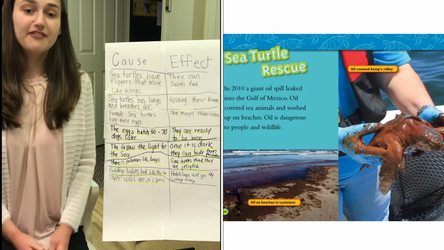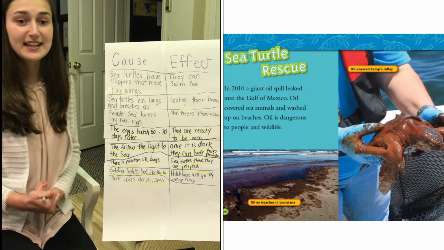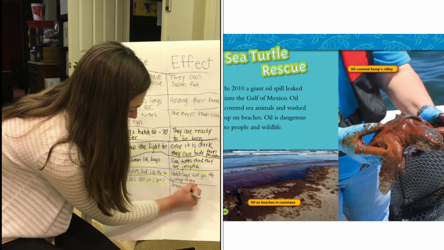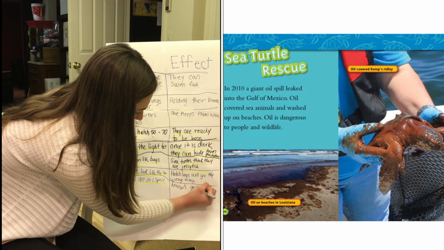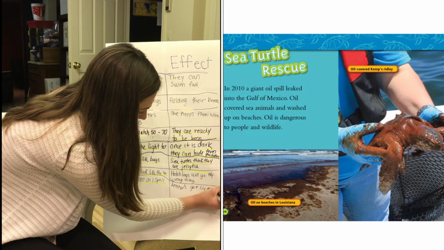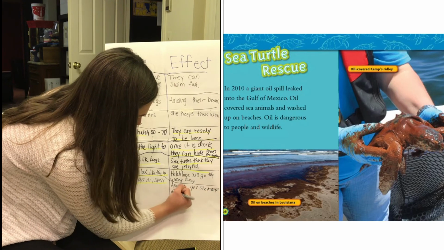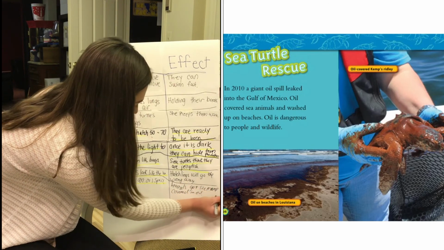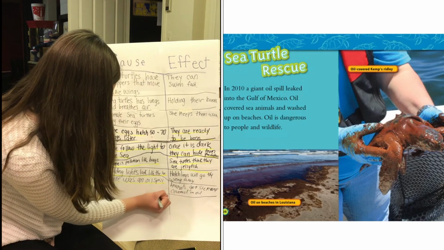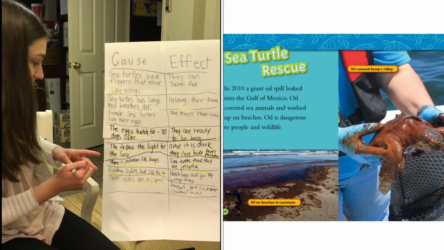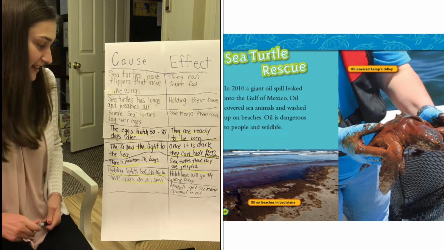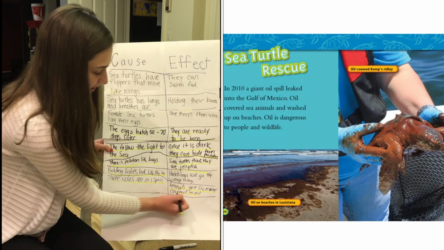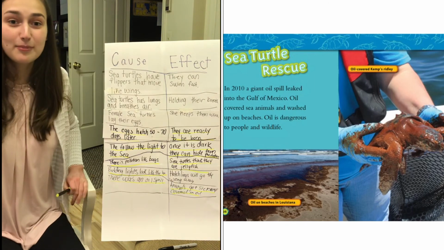So the effect is that animals got sick and covered in oil. Very good. So the cause is that there was an oil spill, and the effect is that animals got sick and covered in oil. Very good, boys and girls.